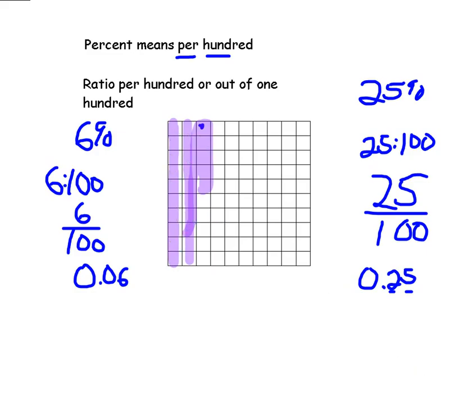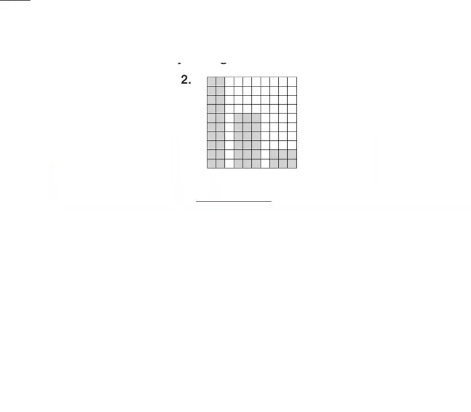Okay, so let's look at some of our homework. This is a grid of 100 pieces. This square is 1. So how much of it is shaded in? Each long piece or rod is worth 10, 20. So I'm at 20% so far. And this is 3 by 6, so that's 18.